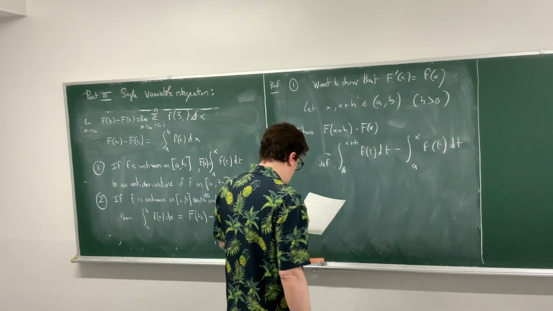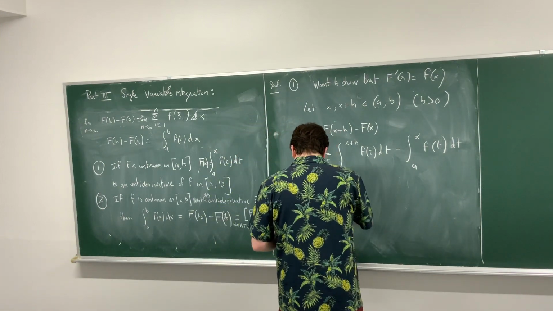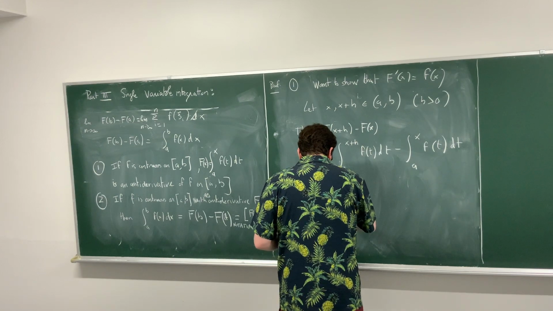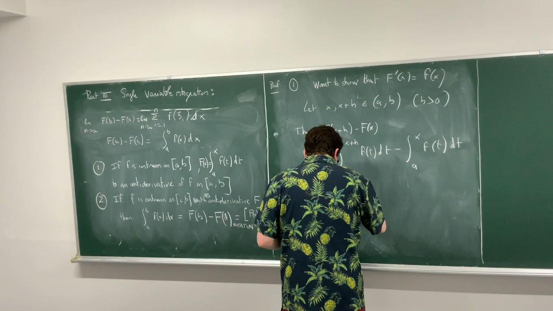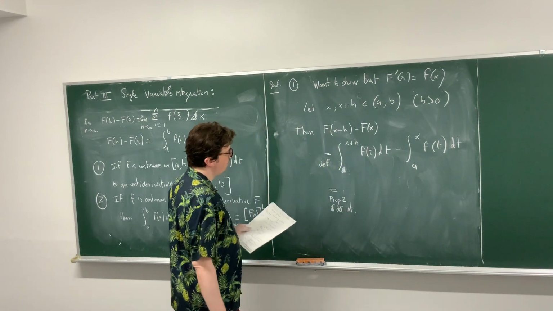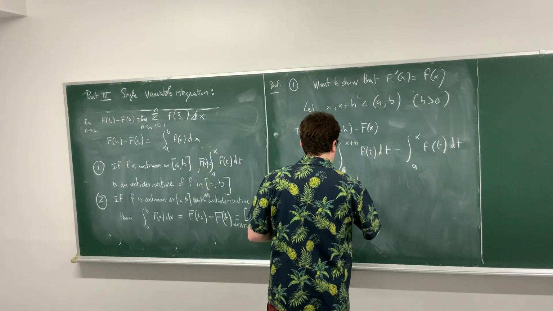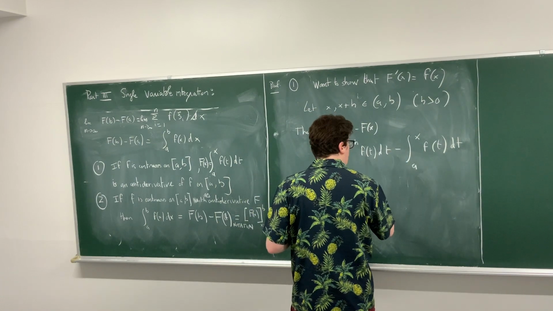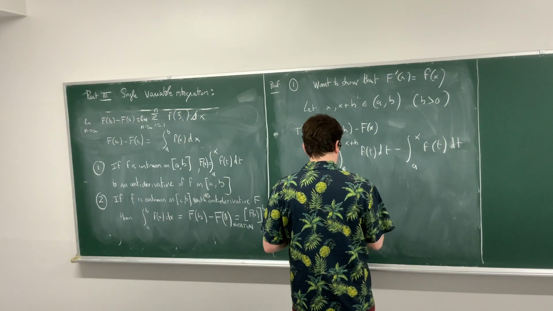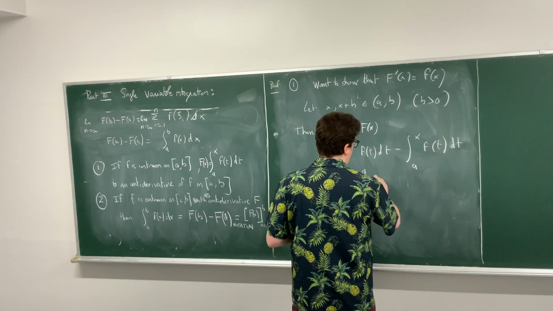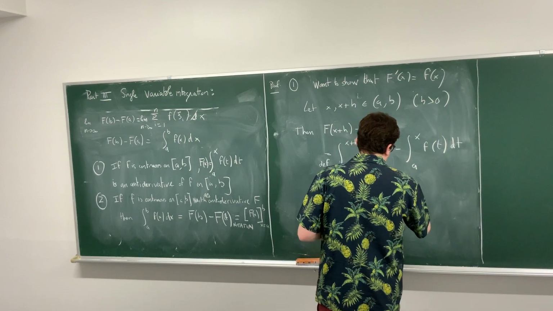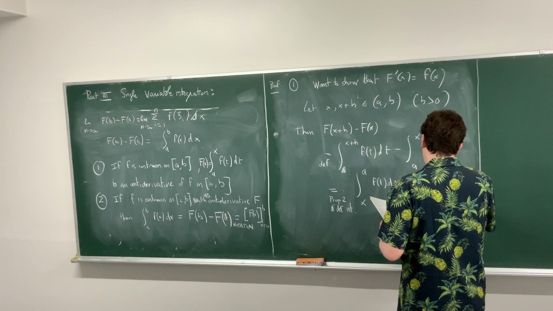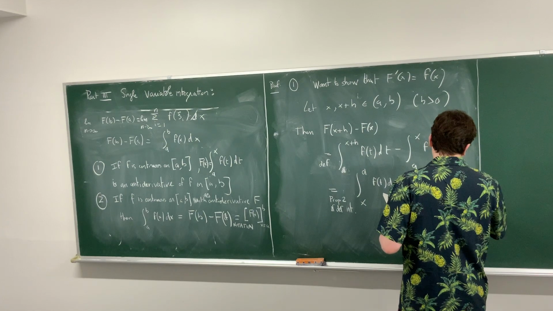And then by property 2 of the definite integral, if I use the property 2, I can say that this minus can be rewritten as the integral from x to a, actually, of f of t dt, and then plus the integral from a to x plus h of f of t dt.